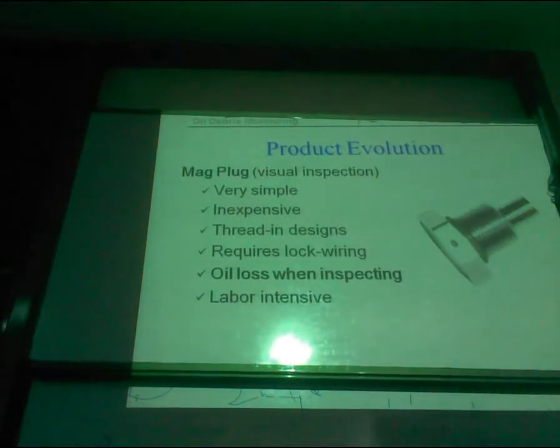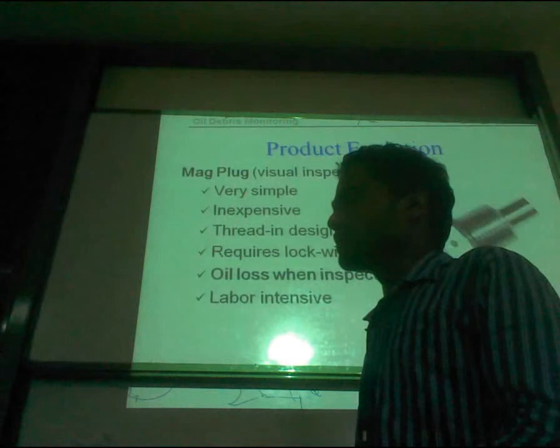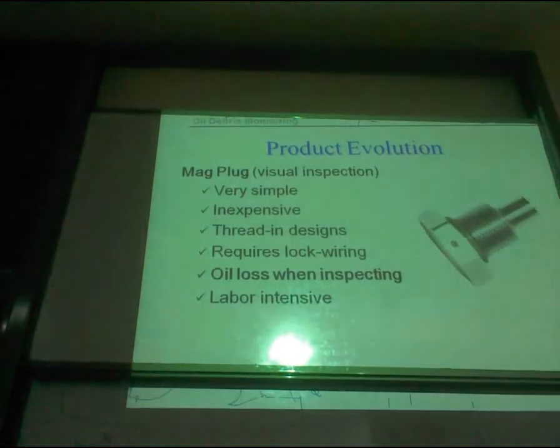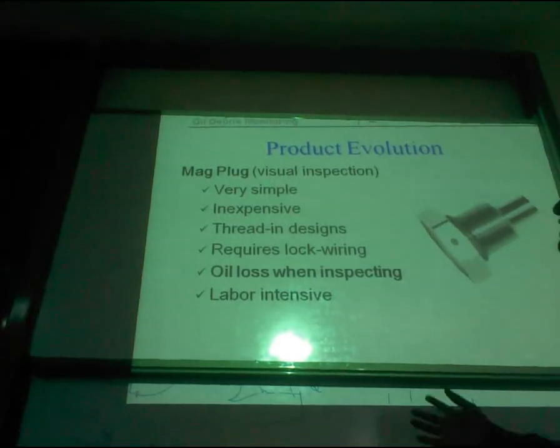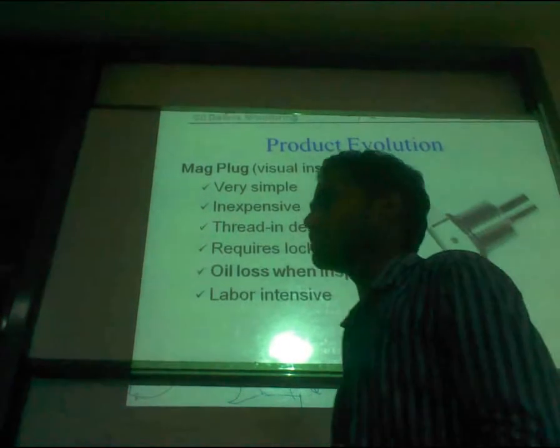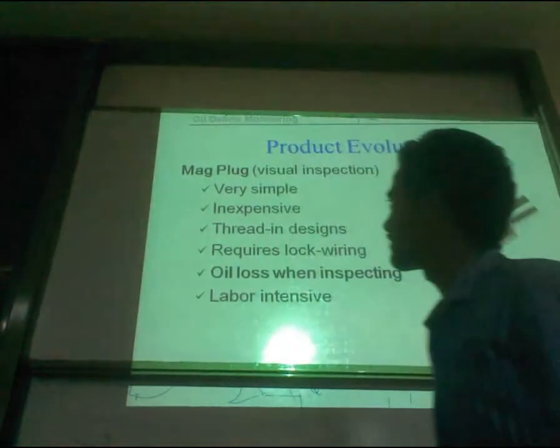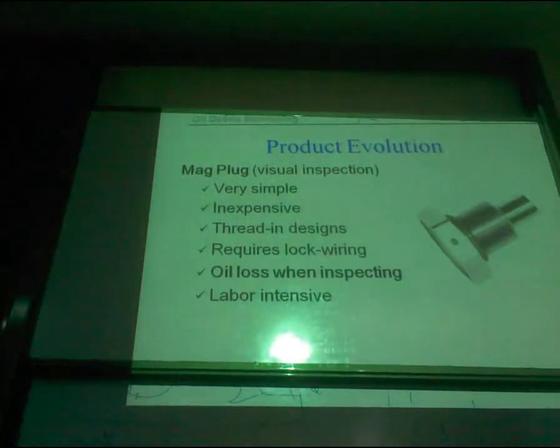This is the product evolution of the oil debris sensor. Initially, the magnetic plug was used to measure the oil debris. It is very simple, inexpensive, and threaded in design.